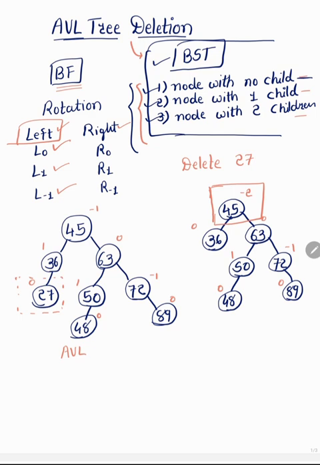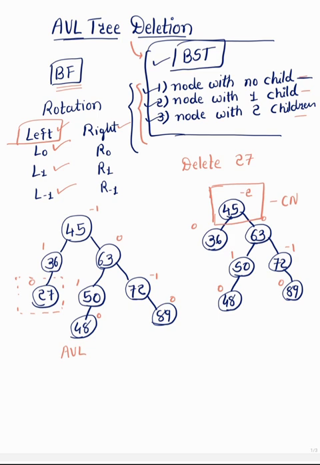Now this is not your AVL tree. This is your critical node. Here I am explaining a left kind of rotation, so you directly get that in whatever example I take. But in general, how do you identify that it's a left kind of rotation? I have also explained it for the right.